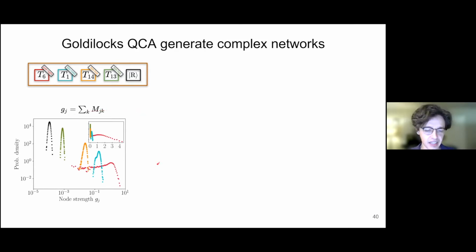And we see that the Goldilocks rule has an incredibly broad distribution, really underscored here on the linear horizontal scale on the inset. And that is signaling the presence of hubs in this network. That is, certain qubits which are highly connected to the rest of the qubits in terms of correlation based on mutual information. And then we also see just a clear delineation of the near Goldilocks rules, far from Goldilocks rules and random states.